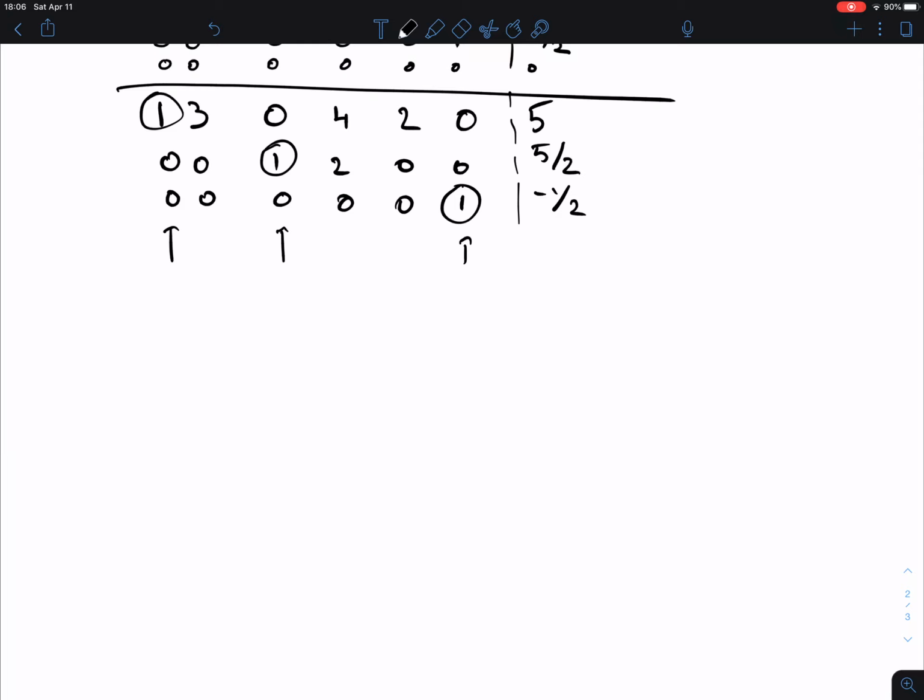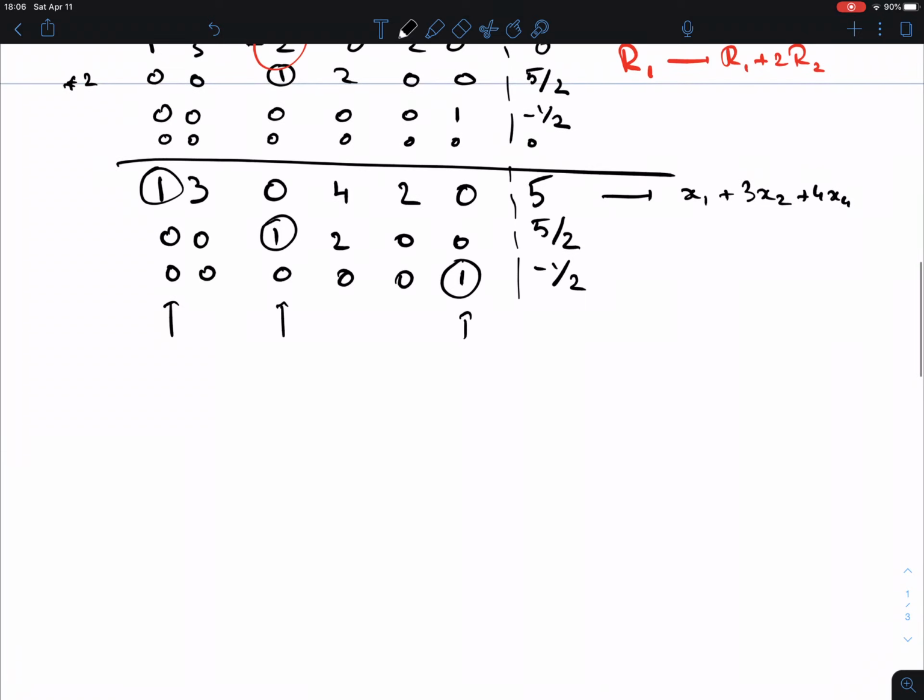So if you want to write down what this means, this means 1 times x1 plus 3 times x2 plus 0 times x3 plus 4 times x4 plus 2 times x5 plus 0 times x6, equals 5. That's the meaning of this first row.